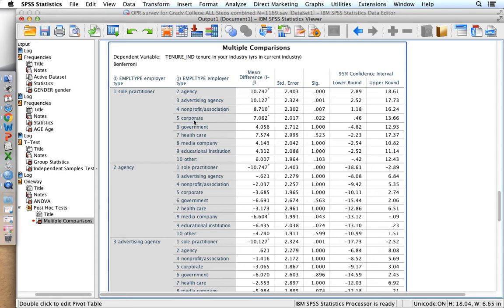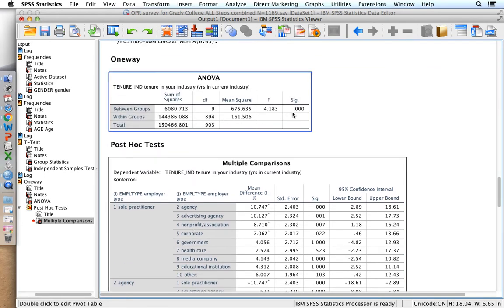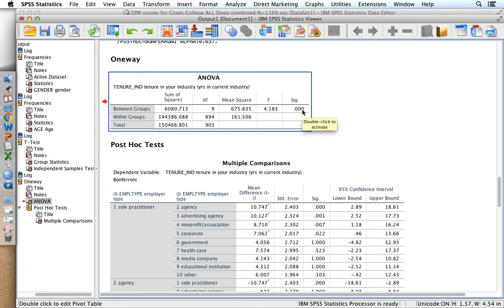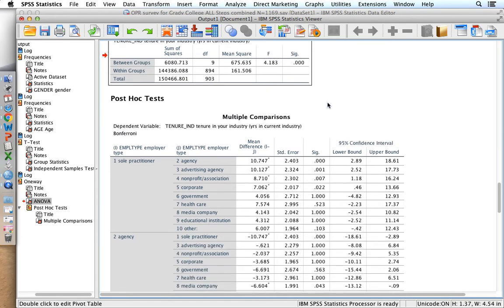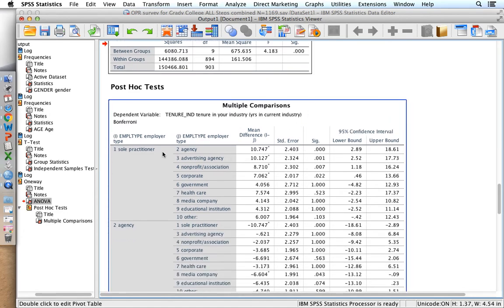So the things that I want you to be able to know with ANOVA: I want you to be able to tell me if the overall ANOVA is significant, and I see my significance right there. I want you to be able to tell me which of the cells are statistically significantly different from one another, and I find that by looking at the SIG over here.